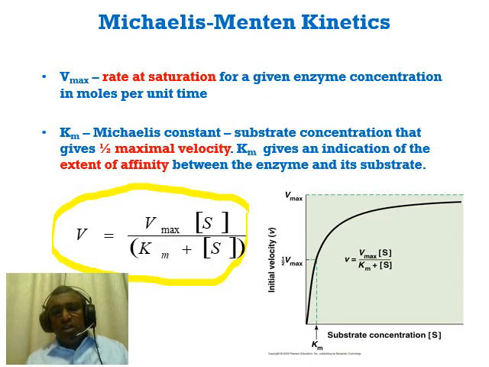Once you build it, you find out the Vmax at the asymptote, and then half of that Vmax is referred to as the Km value. You do it for both enzymes, and the enzyme which has the lowest Km value will be the best enzyme that has better affinity for that particular substrate.